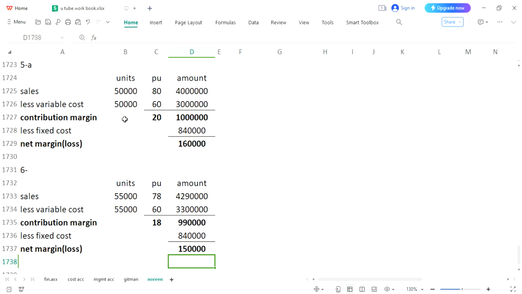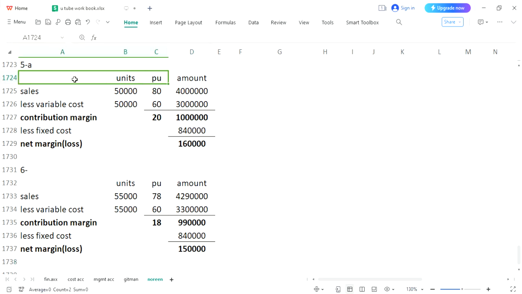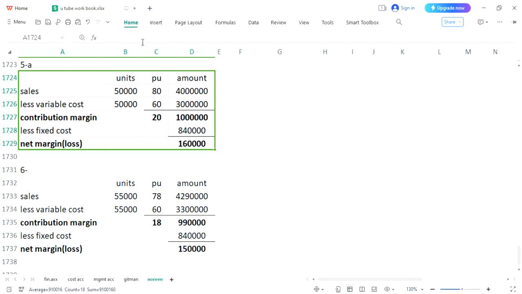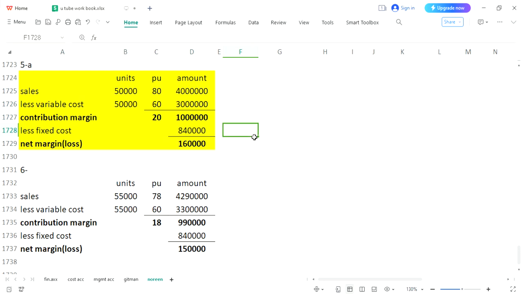So this is the situation we can choose. It's the stage where you are getting your maximum profit. So we are highlighting it. Now let's go and see what is happening. Note it down. Number of units 50,000, per unit 80, maximum profit 160,000.